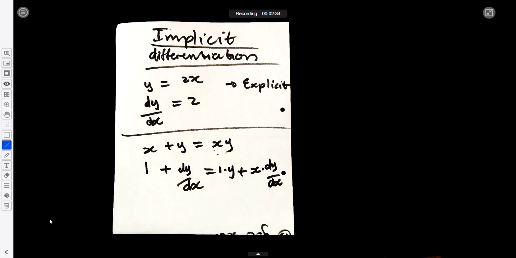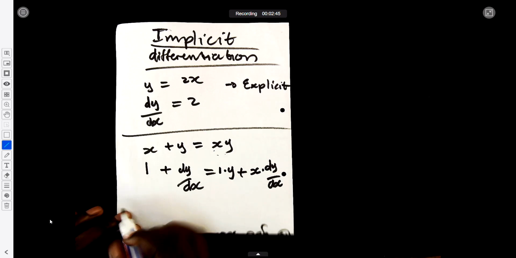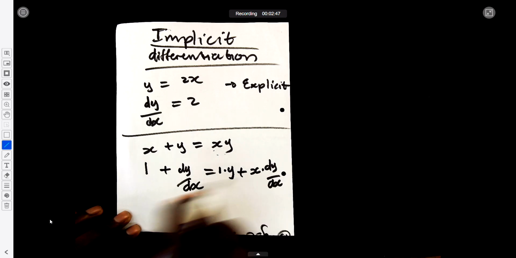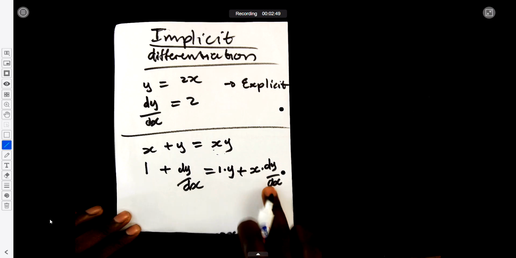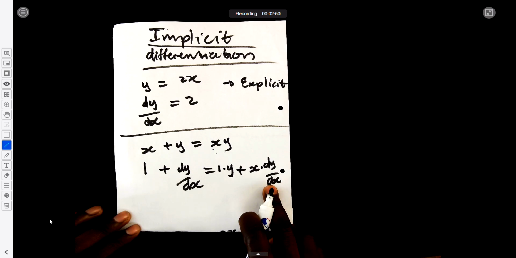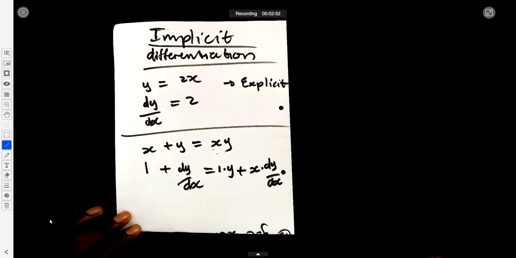Then, when you're done, you must make sure that you simplify. What I'm saying is you need to simplify and make dy over dx the subject of the formula. We're going to take the terms that consist of dy over dx to one side.